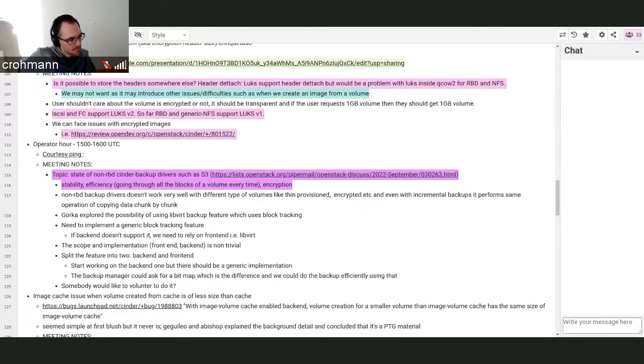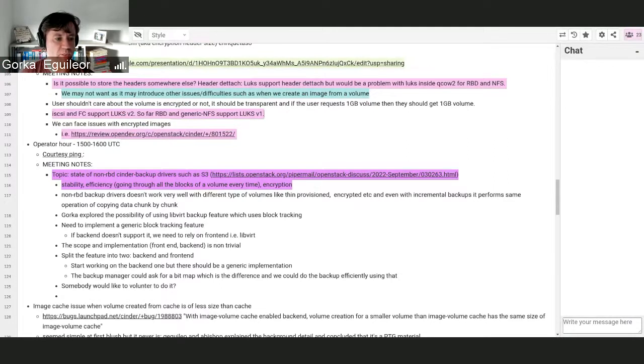Yep. The problem I see, for example, if you store the encryption key with Barbican, is that your backups will be useless if your database goes out. You cannot recover anything, because if you also lose your Barbican database with the encryption keys, you're gone. But yeah, this can be implemented, and it is considerably a smaller feature than the other one, I think.